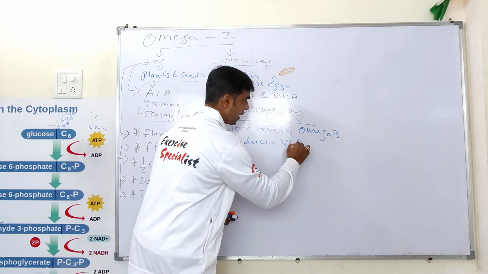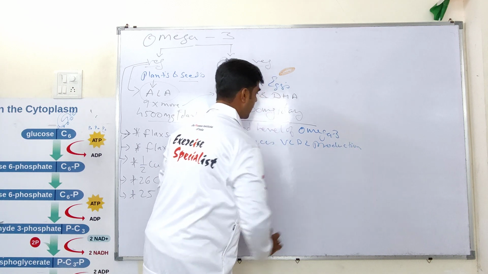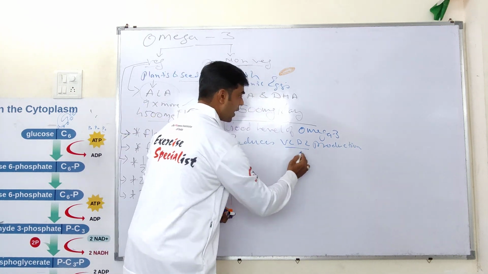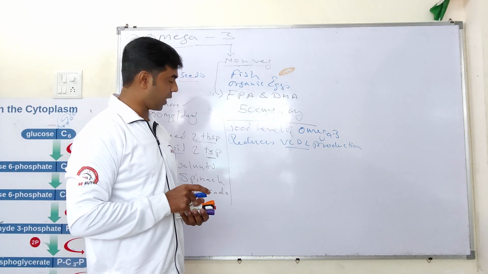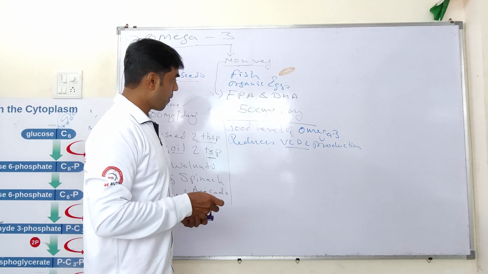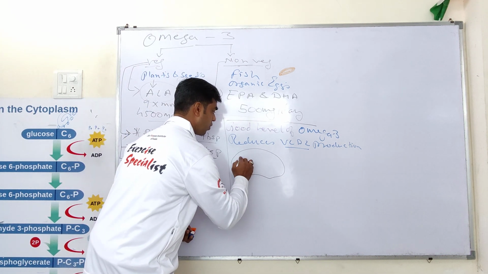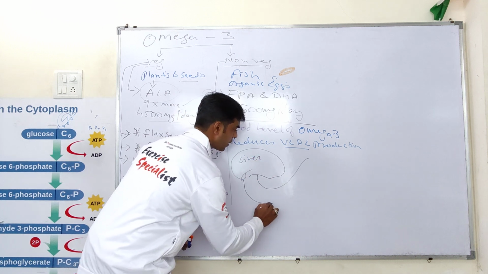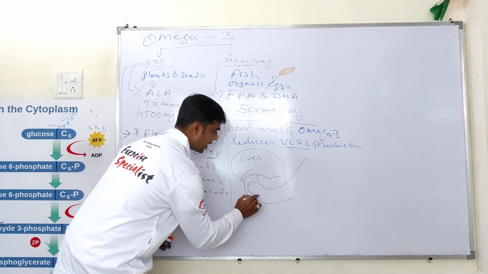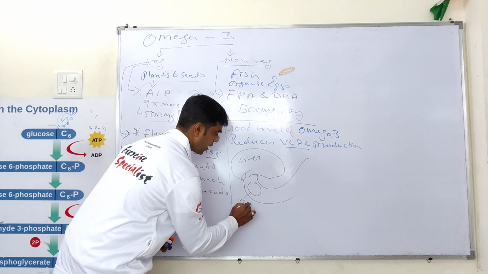Reduces VLDL production. Right? Now, what is VLDL? Very low density lipoprotein. Right? This is made by the liver. Right? So the liver makes it. This is also known as a vesicle. This is VLDL.